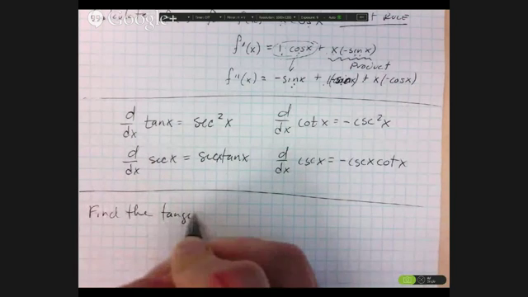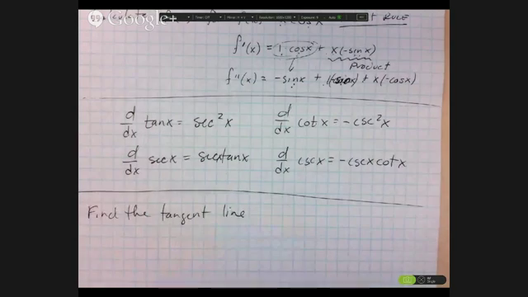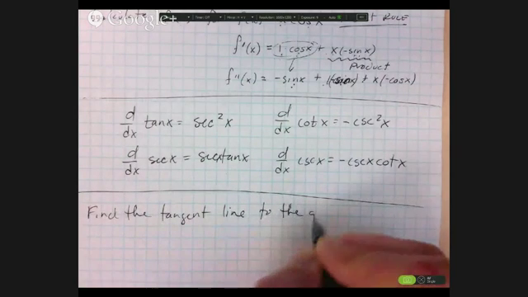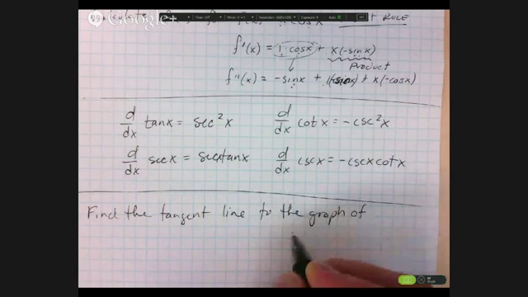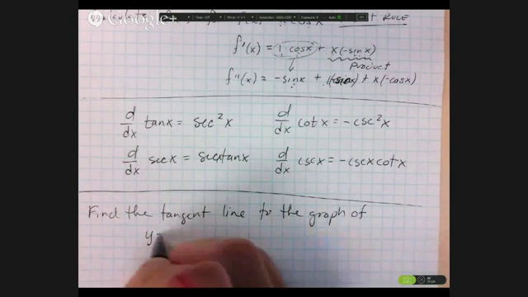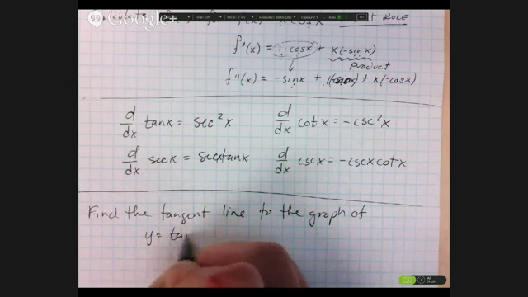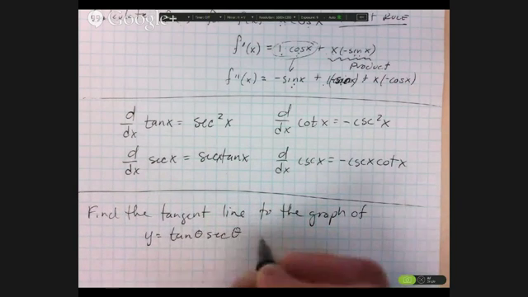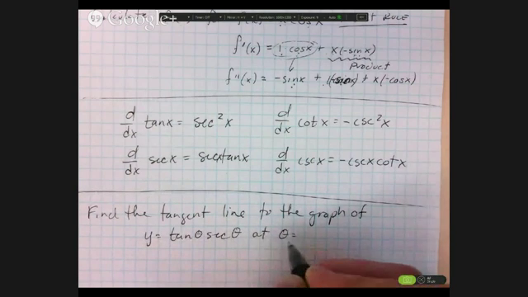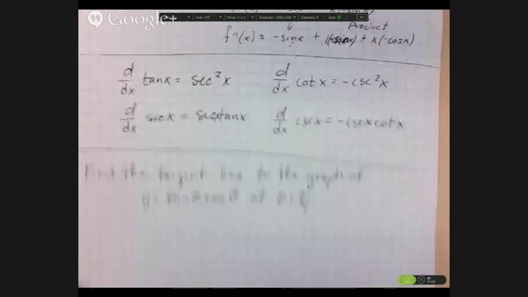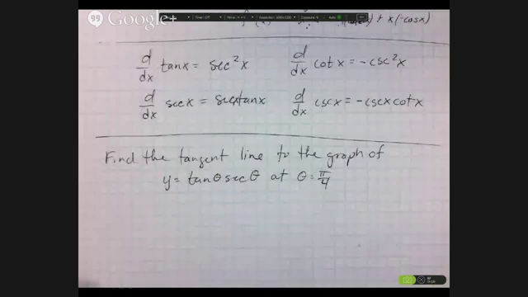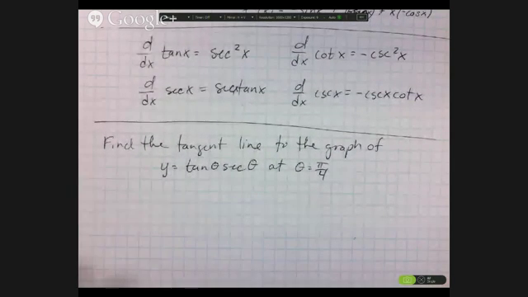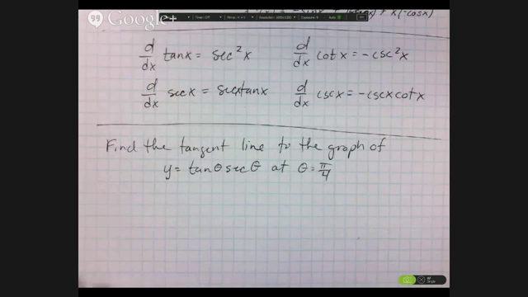Find the tangent line to the graph of y equals tan theta secant theta at theta equals pi over 4. What rule are we going to use?